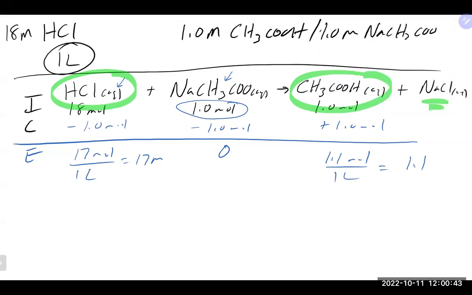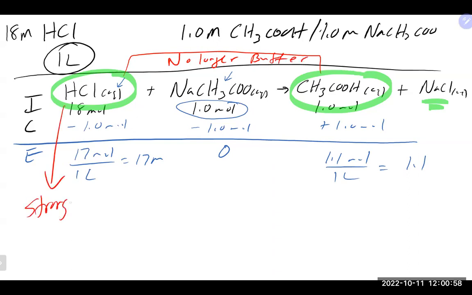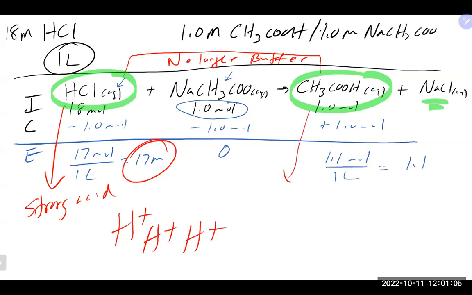Do we still have a buffer at this point? These two guys are not related to each other, right? This is no longer a buffer. What we have here is a strong acid, right? Which will pretty much generate a ton of H+, right? And we have a weak acid as well.